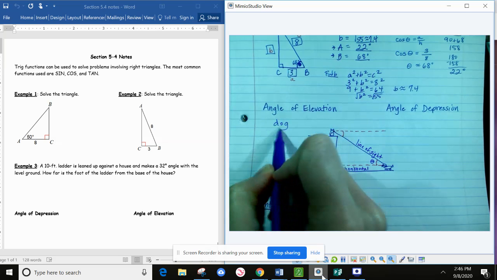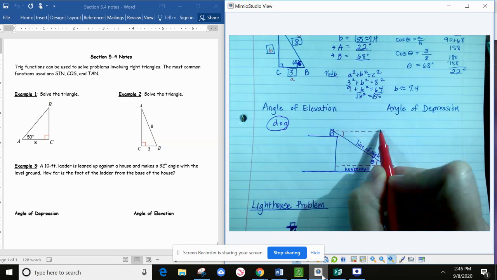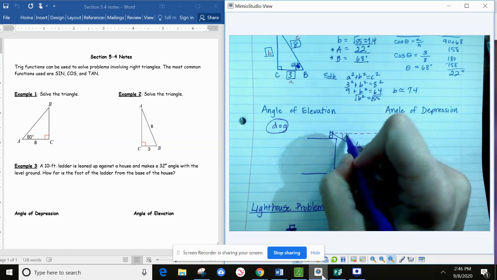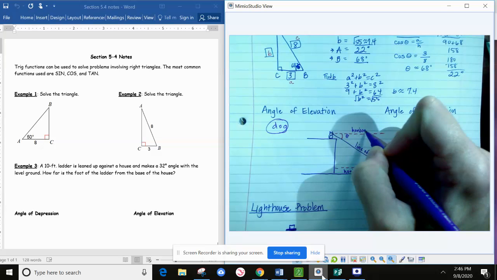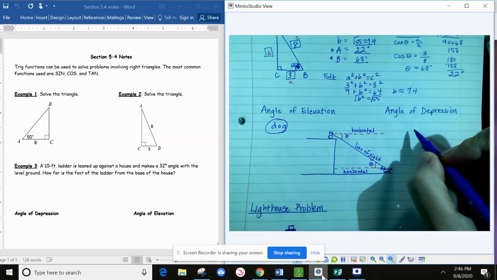So that's the dog. On the other hand, you got Mr. Kitty Cat up here who is looking down at the dog. And the horizontal here, made with the cat's line of sight, that is the angle of depression. So just as the word alludes to the direction of how someone is looking, up, elevation, down, depression, that's exactly what it is.